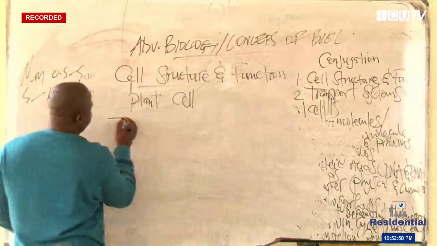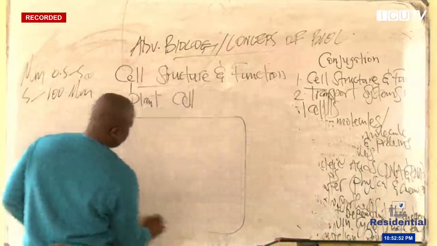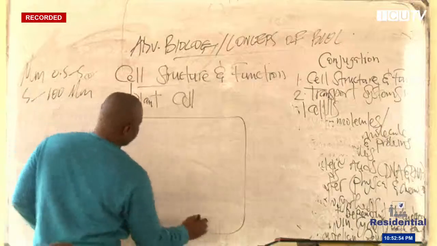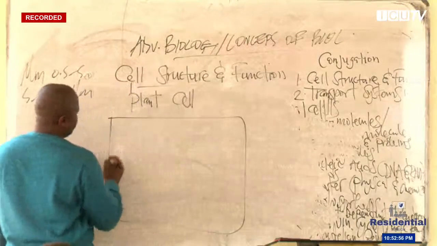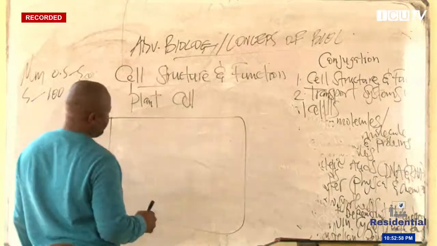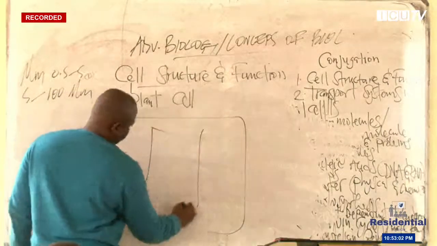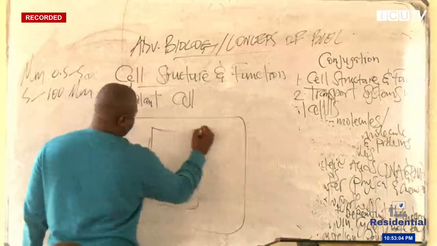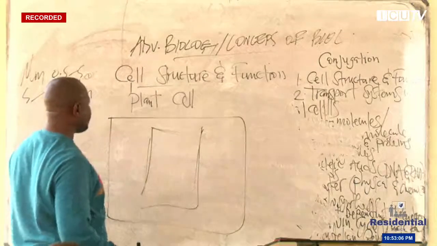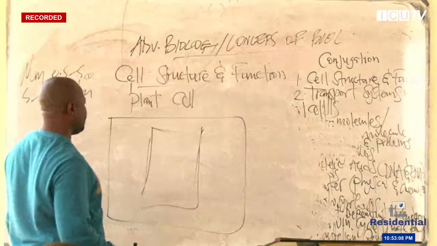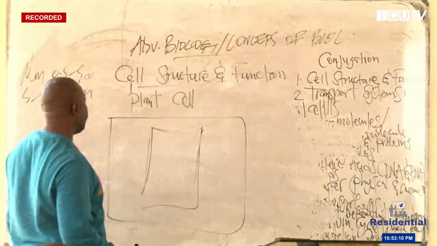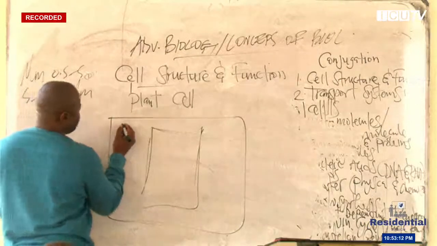So what we have here, of course, like we said, plant cells are somewhat more complex than the bacterial cell.